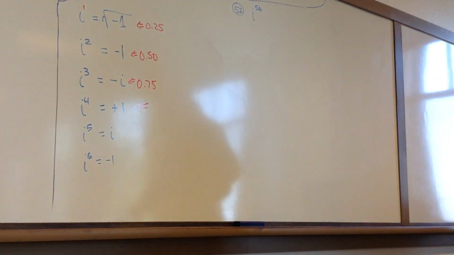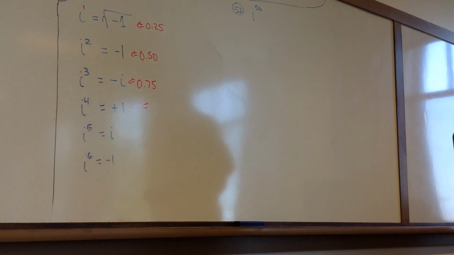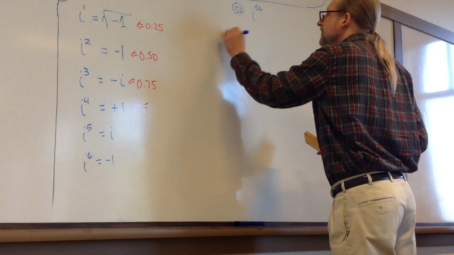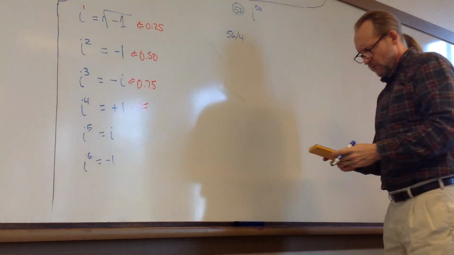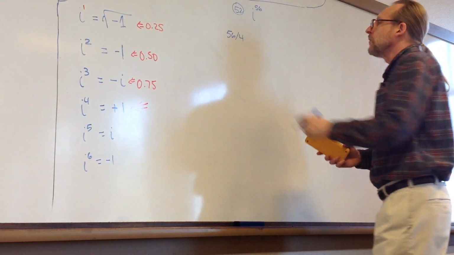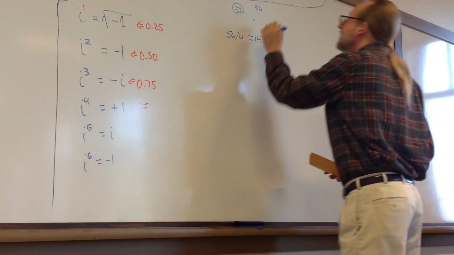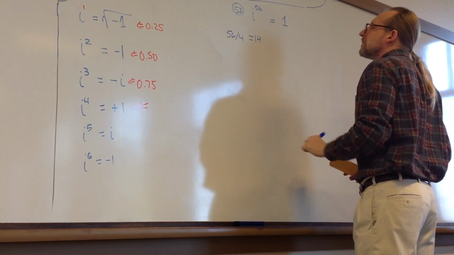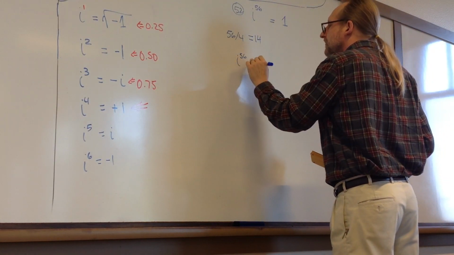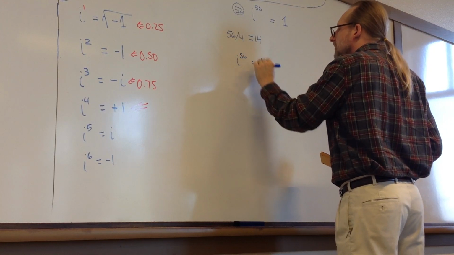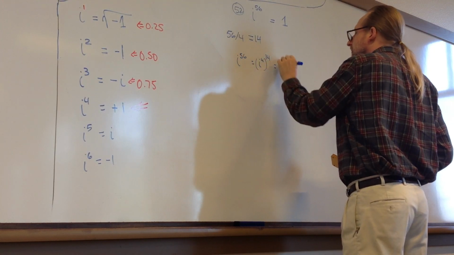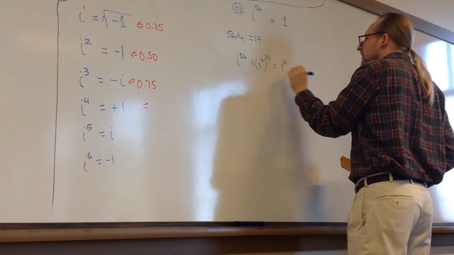I guess I'll do this on the calculator since I know that's what most people are going to be doing. So if you do 56 divided by 4, we get 14 exactly, which means that this is equivalent to 1. Okay? Because I to the 56th power is I to the 4th raised to the 14th power, which is just plain old 1.